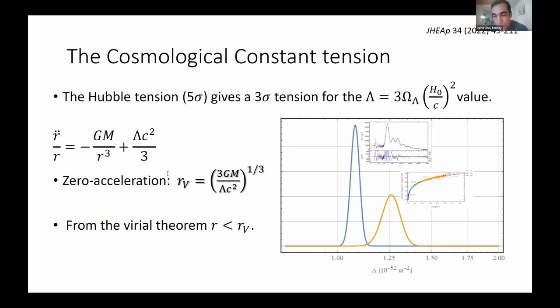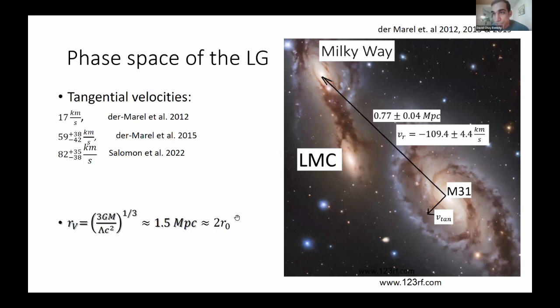This is a distance related to the mass contained inside the system, where the cosmological constant cancels the Newtonian force. Using the virial theorem, you can show that if the system is virialized, this is the maximal surface that surrounds the system and sets the boundary. Let me give you numbers.